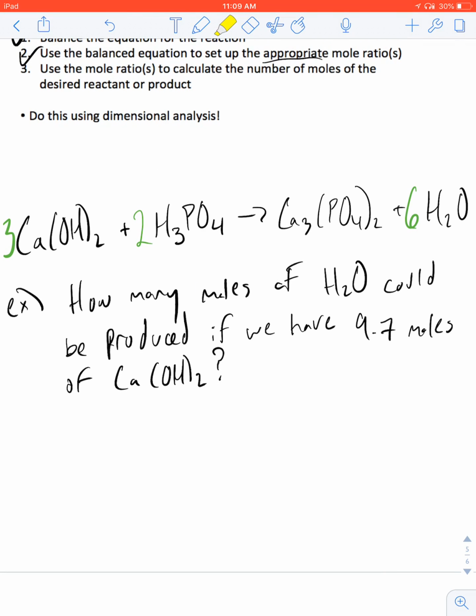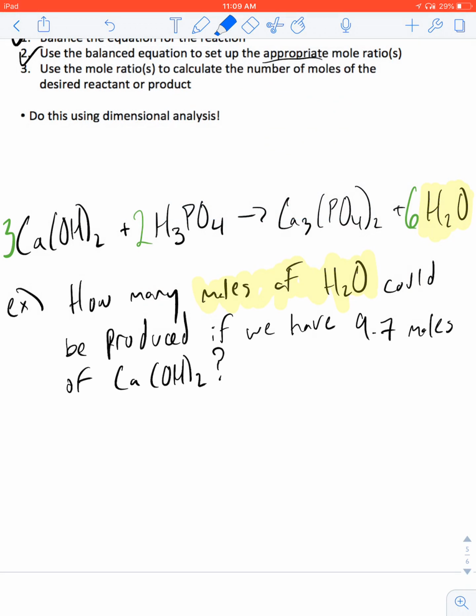So first thing I can see here is that we're asking how many moles of H2O. So I know that our desired unit, or where we want to end up, is moles of H2O. All right, so I'll highlight H2O in the reaction too, just to make sure that we're clear on everything.